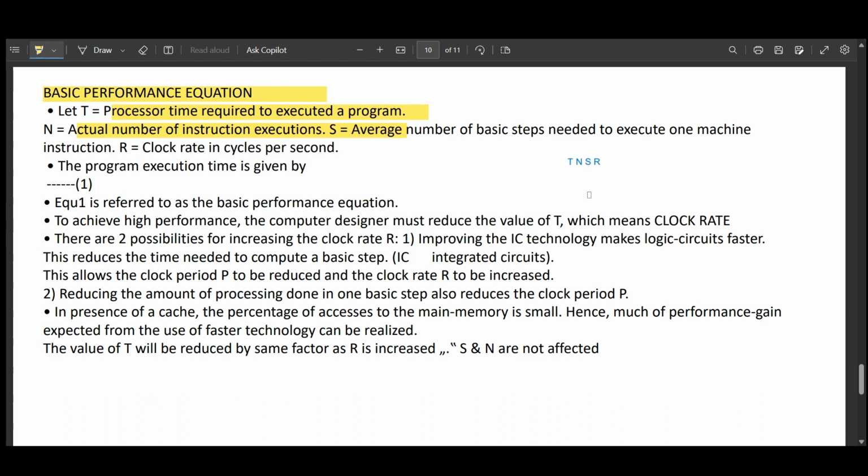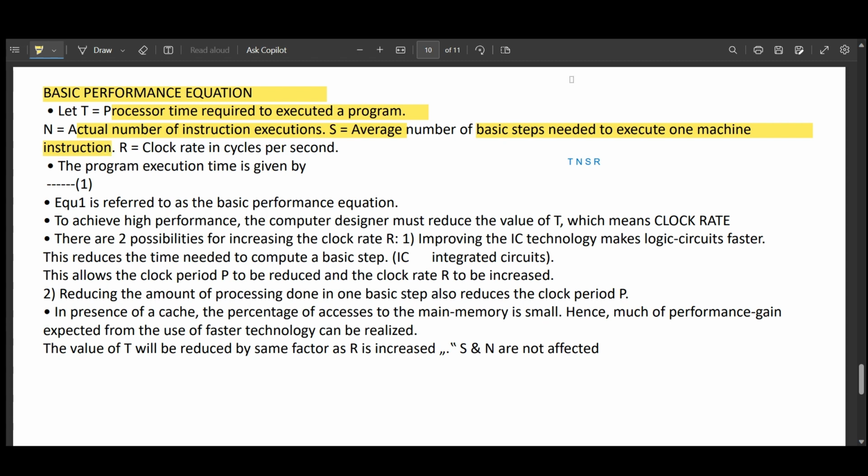The main program will display the message, right? So you all divide the program into steps like functions. Subtraction by one function, addition by some function, you all divide that, no? Similarly, the instructions will be divided into basic steps. So, the average number of basic steps needed to execute one instruction.